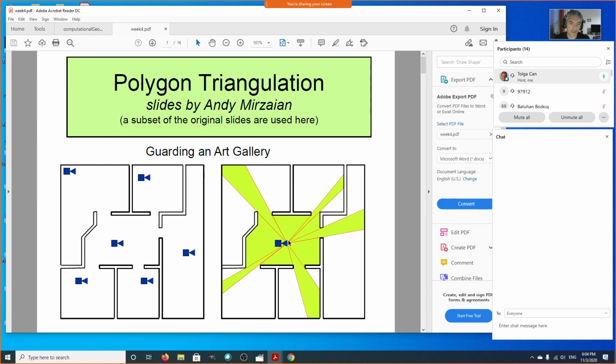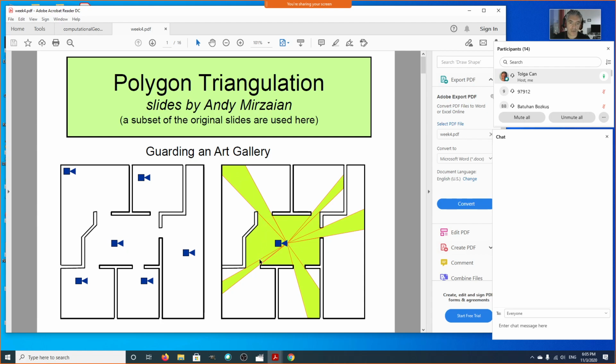So if there's a line of sight from the camera position to any point on the polygon, which is defined like this: if you can draw a line segment from that camera position to a point inside the polygon, and this line segment is entirely inside the polygon, then there is a line of sight from the camera to that point, and that point is seen by this camera.